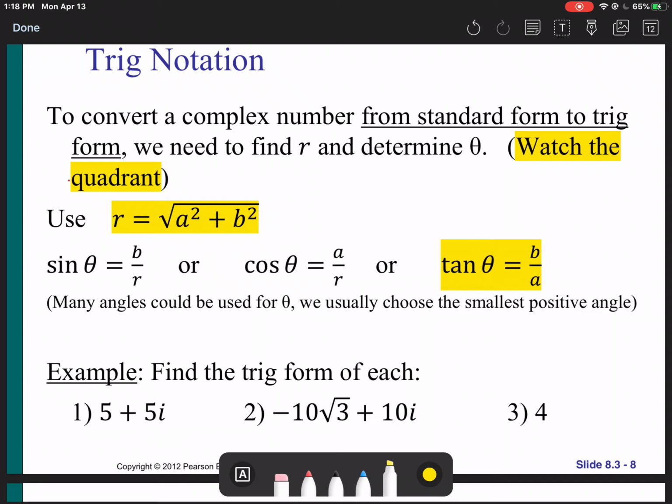We tend to want to put that back in terms of an angle between 0 and 360, or use our coterminal angle idea to make an adjustment. That may come up in an example or two. Otherwise, it's a pretty straightforward conversion as long as you watch the quadrant of your angle. So for example, say 5 plus 5i.